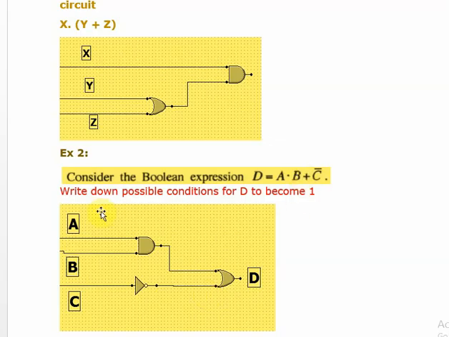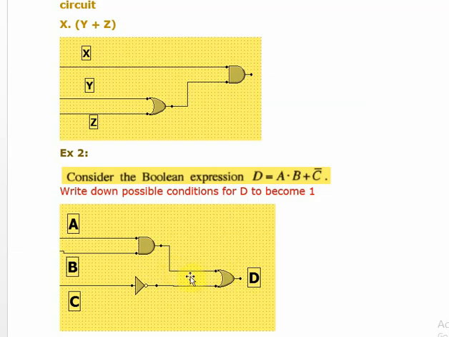Write down the possible conditions for D to become 1. First of all, we know this is an OR gate, no? Either of these being 1, or if both are 1, you will be getting 1 here. So we'll take the first condition.